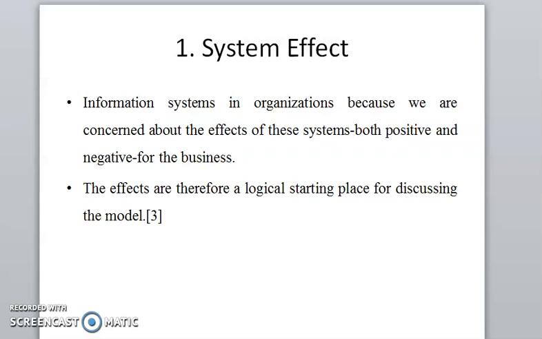One of the most fundamental results of introducing an information system into an organization is that the system either is used or not. This first order effect must not be neglected, because it is quite common for a system not to be used, and such non-use is a major reason for a system not achieving its design objectives.